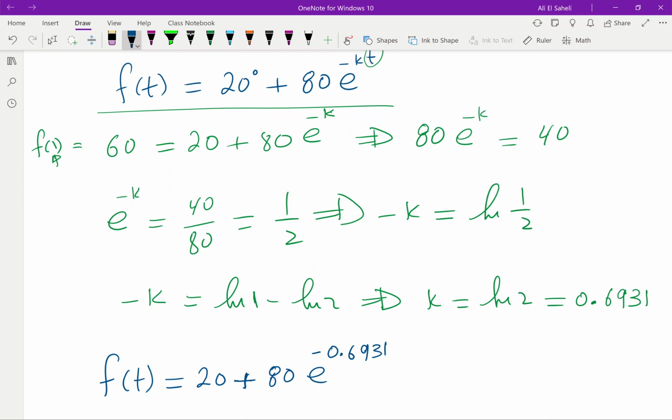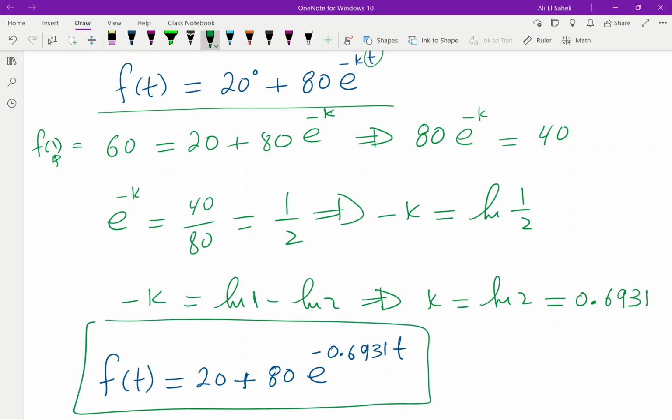So this is our experiment here, which determined k. So that's our model for this specific problem.